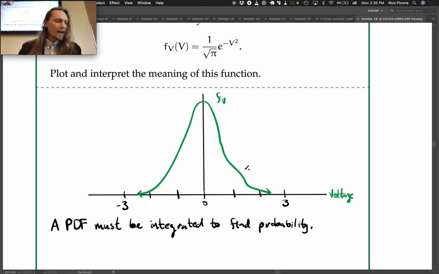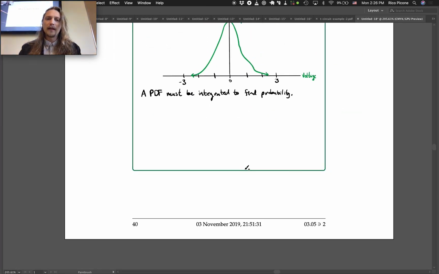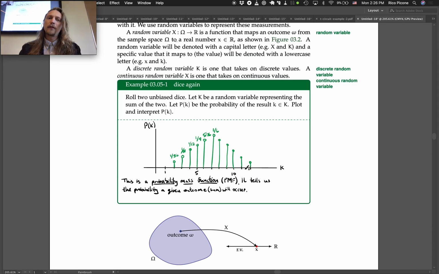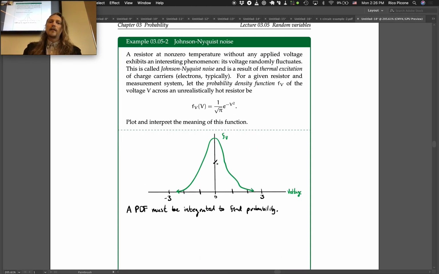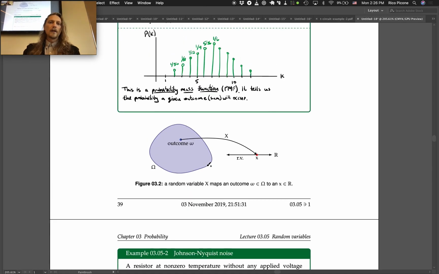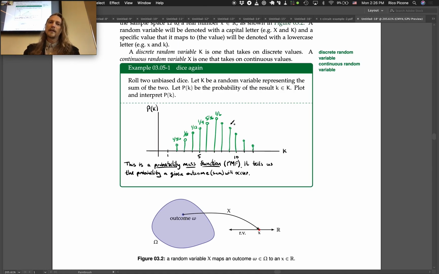Okay. So we're going to get more into PDFs in a moment. But see how for a discrete random variable, the probability mass function, the probability of getting a 5 is 1/9, right? It's the value of the PMF. Whereas with a PDF, you have to integrate over an interval to get a probability. If it's continuous, we cannot get a point probability. So here, the sum of all these probabilities has to equal what? 1.